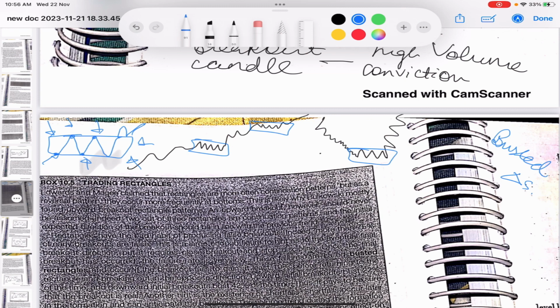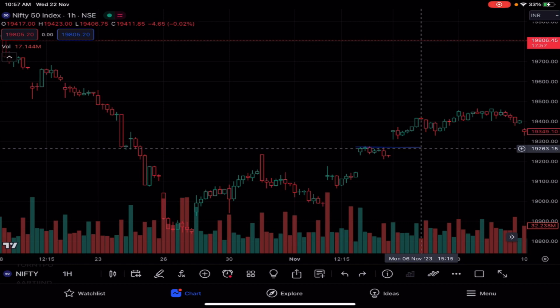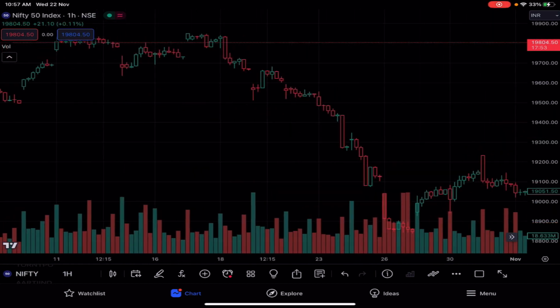Okay, now how do you calculate a target when you're talking about, let's say, a rectangle? A target can be calculated by adding the height of the rectangle formation to the breakout price. That's what I've always been saying. Let's take an example of a rectangle.